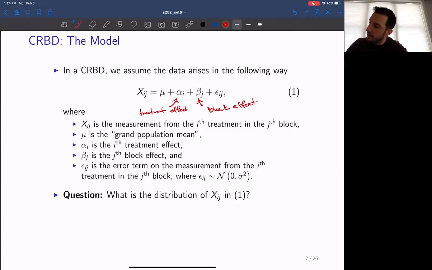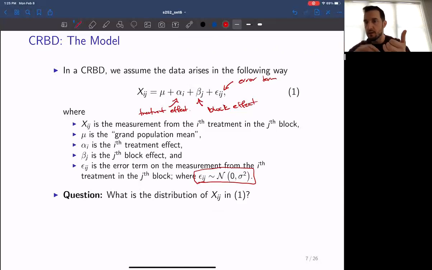Now, what does this mean practically? Well, you can see that the error term here is still normally distributed with constant variance. So we have effectively the exact same assumptions on the data that we had in the one-way ANOVA experiment. We're going to assume every single observation is normally distributed in the population of interest, and the true variance of all of the observations is consistent regardless of which treatment or block they belong to.